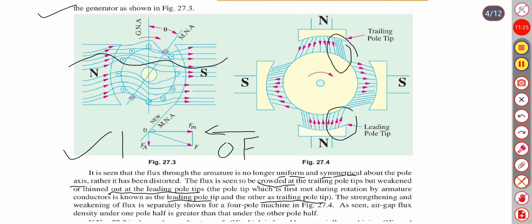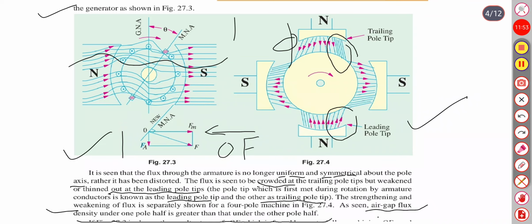The strengthening and weakening of flux is separately shown for a 4-pole machine here. As seen, the air gap flux density under one pole half is greater than that under the other. So here the flux density is more, we can say Bm, and here it is half, Bm by 2.